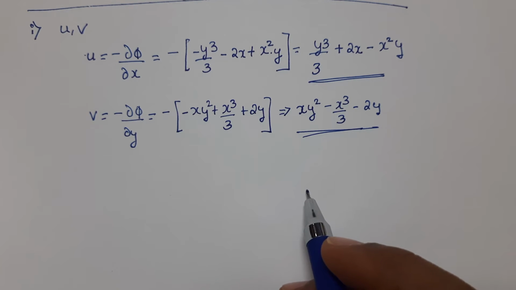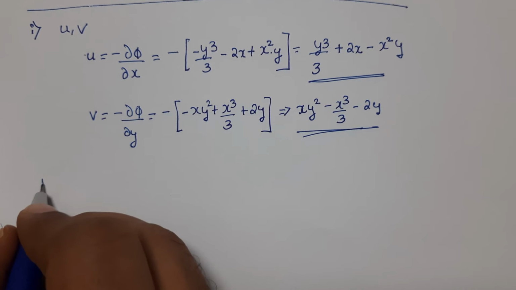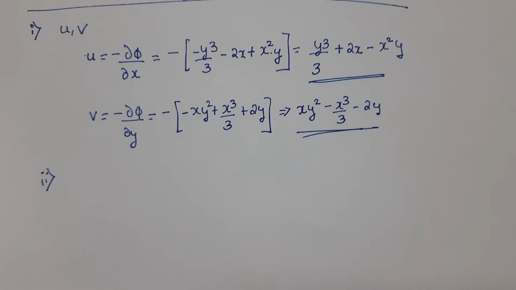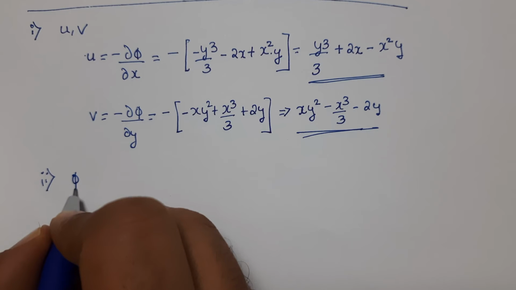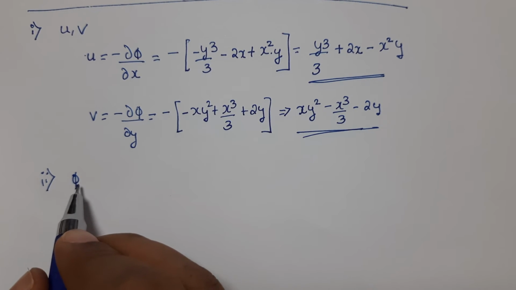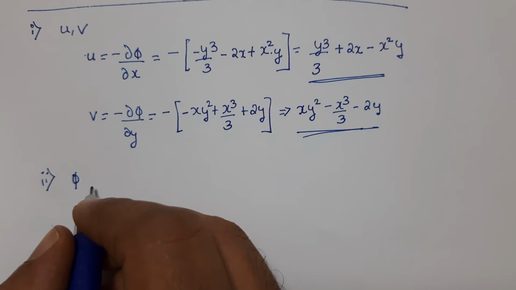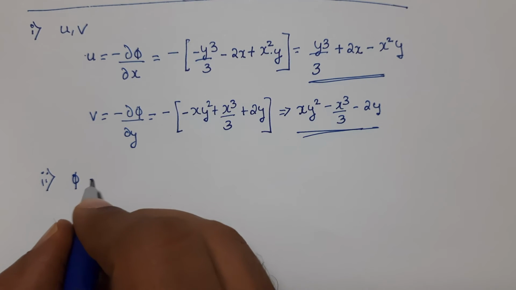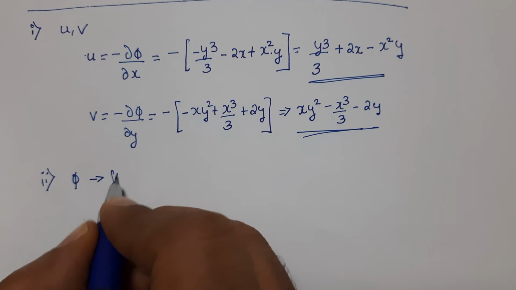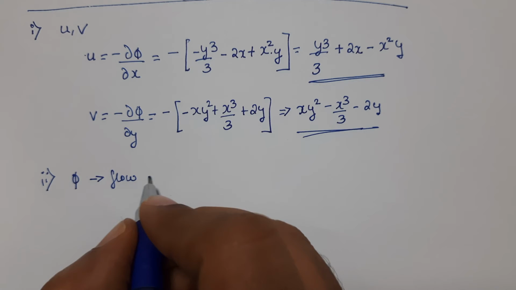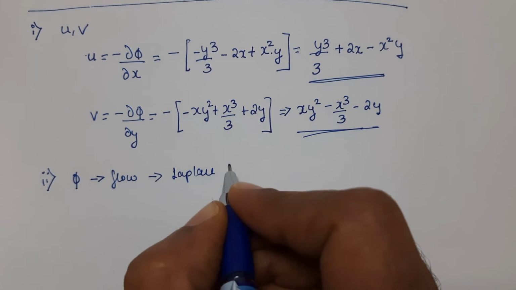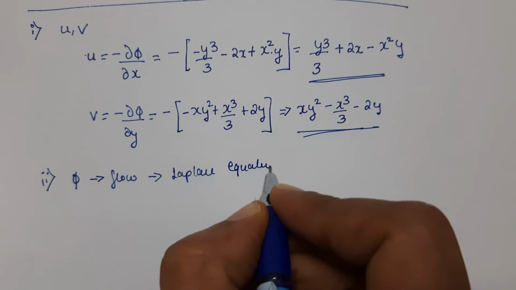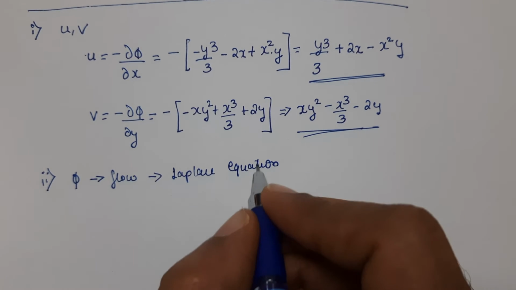Okay, now let us move on to the next case, that is, does the given expression of phi represent a possible case of flow or not? To represent a possible flow case, it should satisfy the Laplace equation. So what is this Laplace equation?